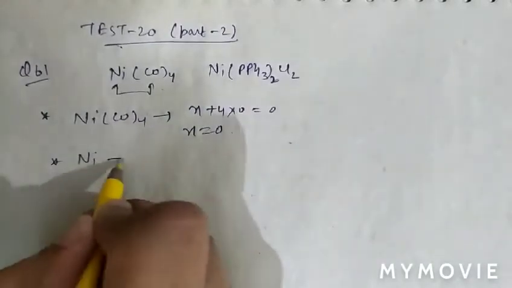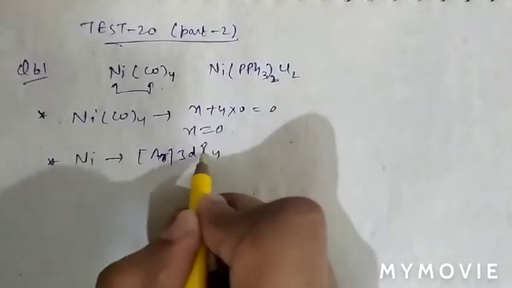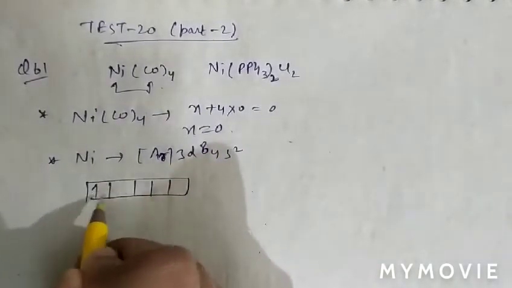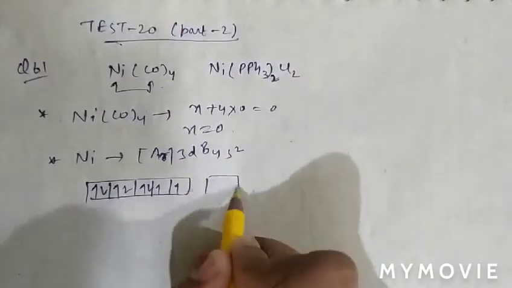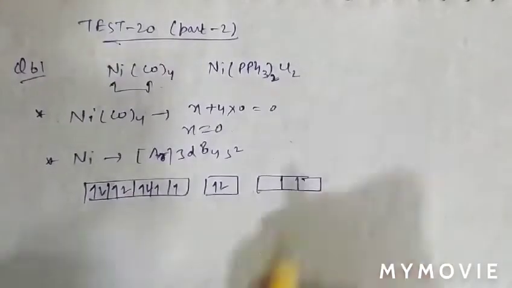And the configuration of nickel is argon 3d8 4s2. So 8 electrons in d orbital, 1 2 3 4 5 6 7 8, and 2 electrons in 4s orbital. This is 4s and 4p.